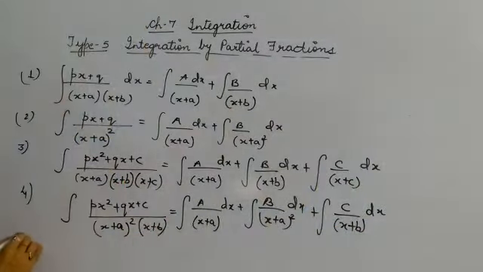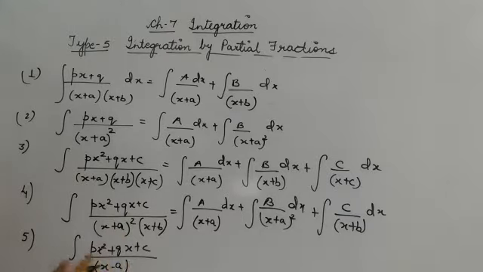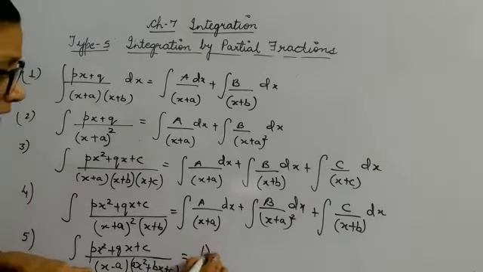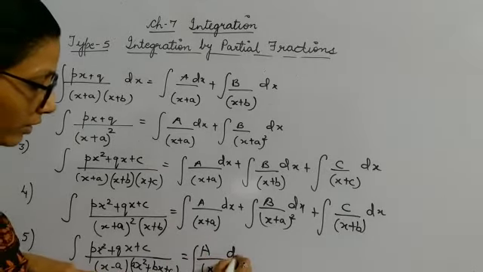Then you have one more thing, children. If you have integration of px square plus qx plus c, that means a quadratic polynomial in the numerator, and in the denominator a factor in linear form and a quadratic polynomial, say ax square plus bx plus c, then you will write A upon (x minus a) for the linear factor.